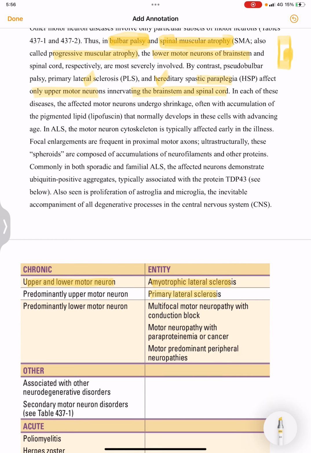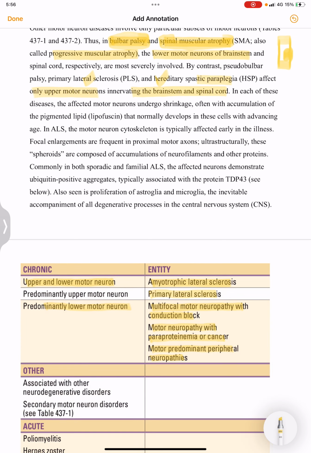If there is predominantly lower motor neuron involvement, these are multifocal motor neuropathy with conduction block, motor neuropathy with paraproteinemia or cancer, and motor-predominant peripheral neuropathies.